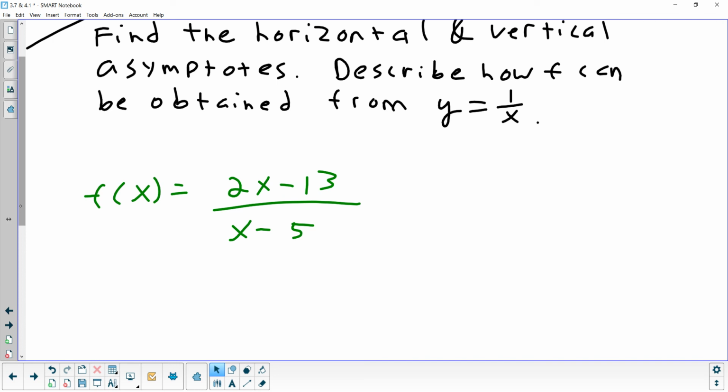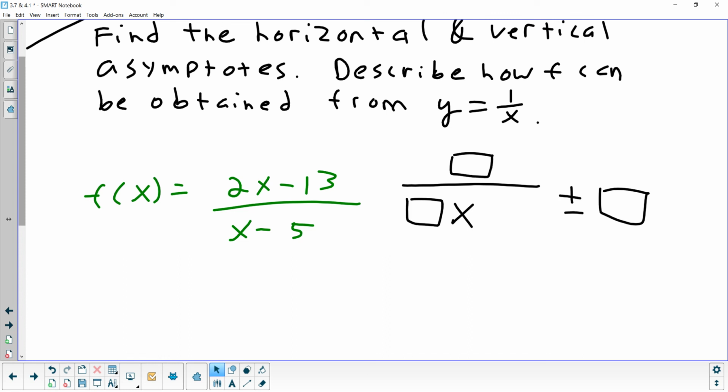It has to be set up like this. A number, plus or minus, a number, over, a number with an x, plus or minus a number.